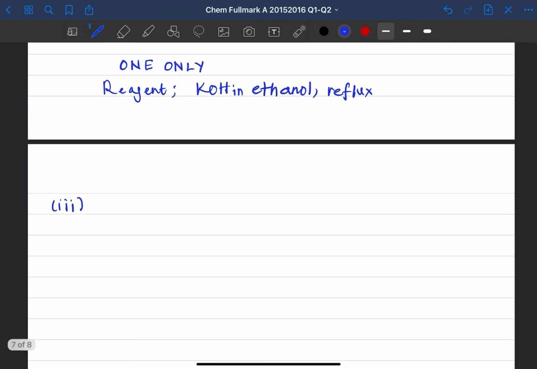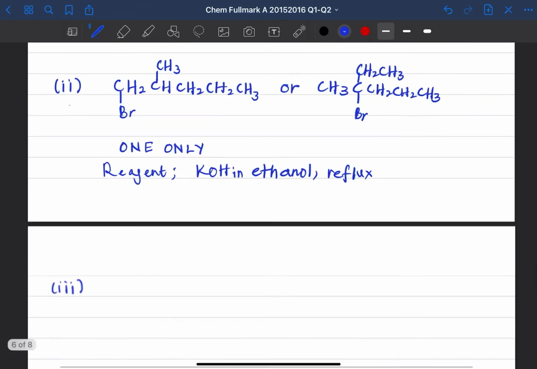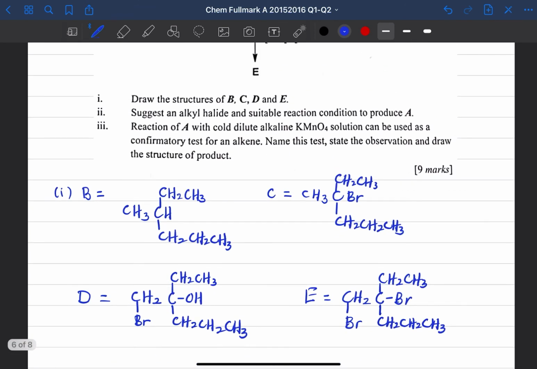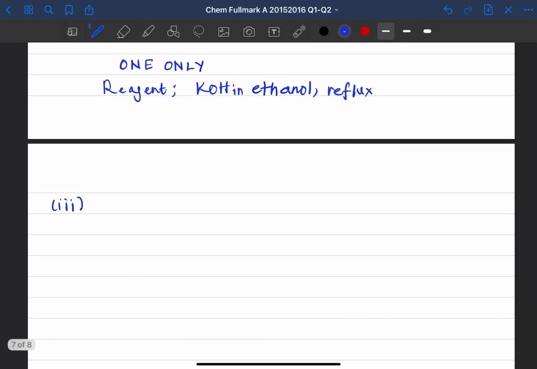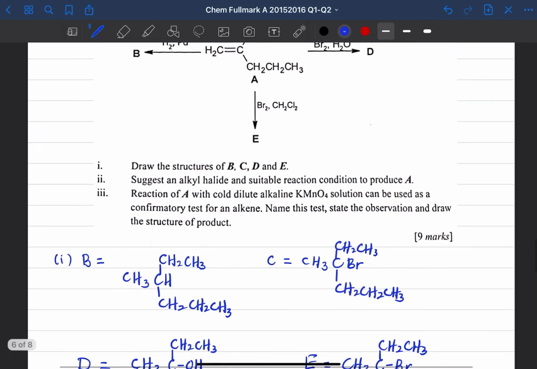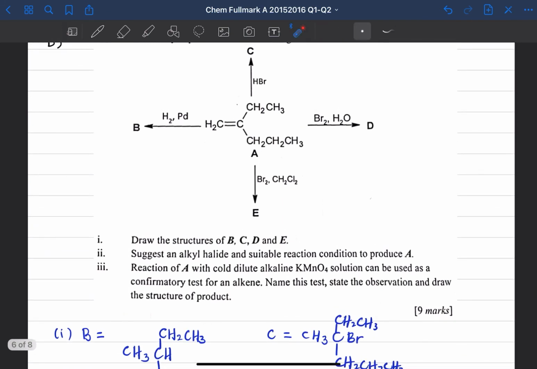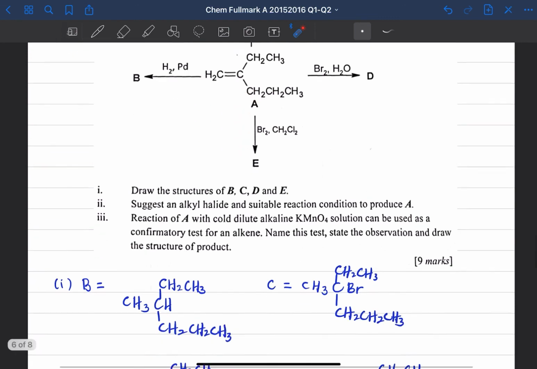Okay, and then we come back to number 3. So cold dilute alkaline KMnO4. So name the test. So the test is Baeyer's test. Okay, now compound A reacts with cold dilute KMnO4. So what is the product?